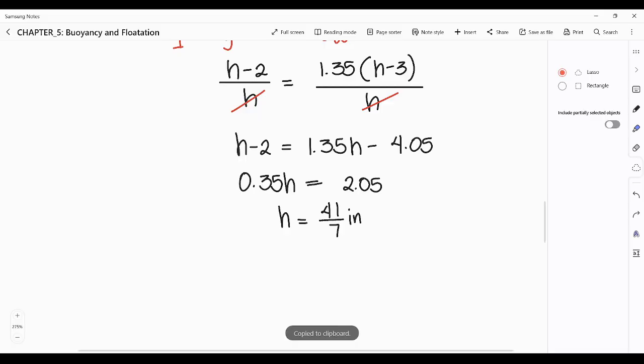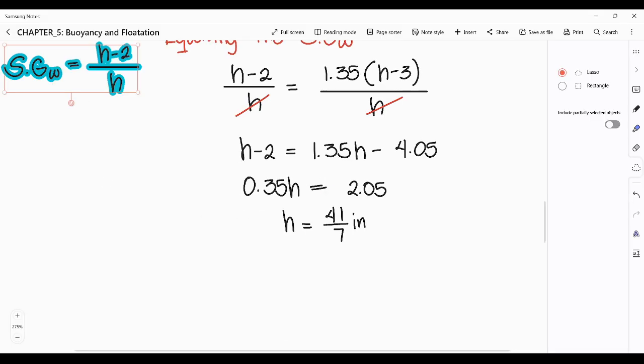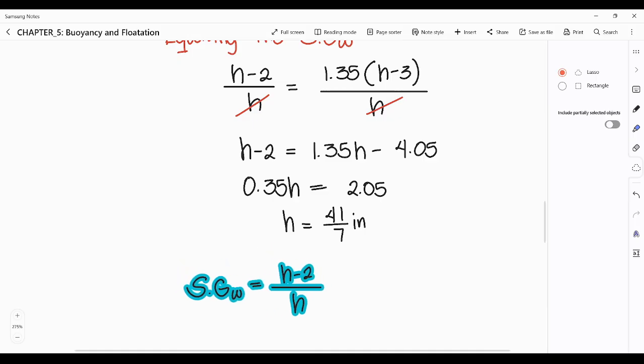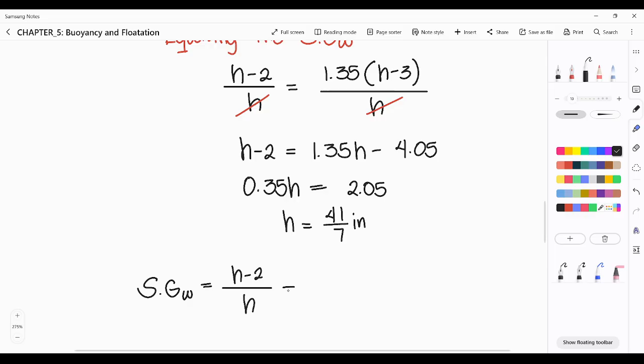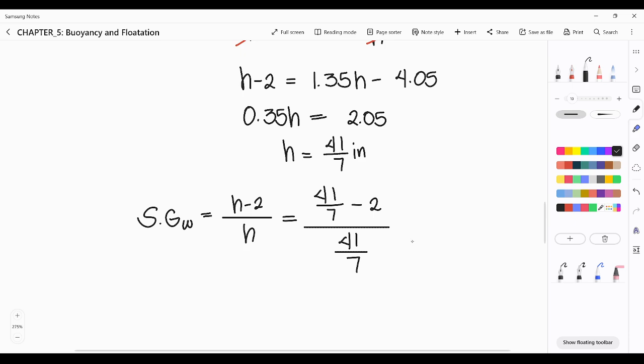Okay, substituting h into this equation, substitute na lang natin yung h. From here, our h is 41 over 7 minus 2 all over 41 over 7. The inches will cancel out, so we will have a unitless number.